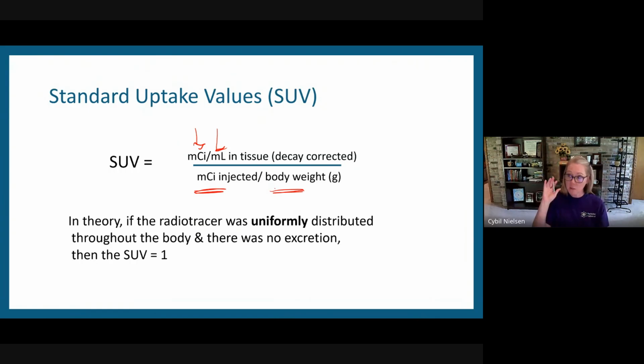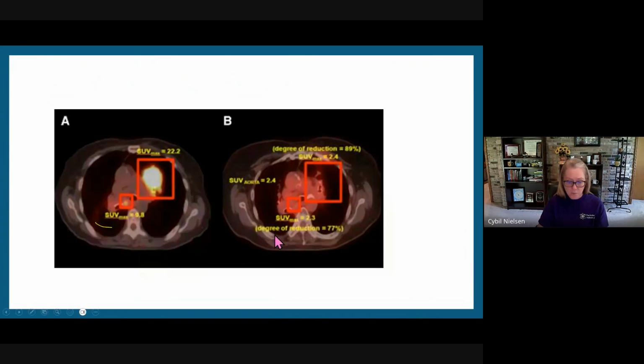And the denominator is how much did we give the patient, corrected for the size of the patient. And that tells us basically how much activity is in that box. So the most important thing with SUVs is not what this number is, but it's how this number changes over time, because that lets us know if the patient is responding to therapy.